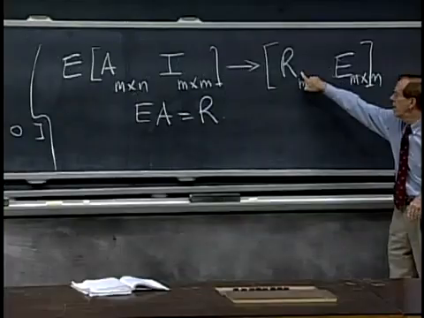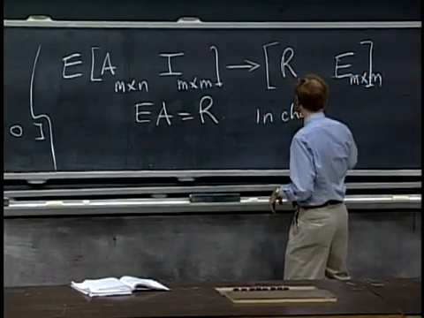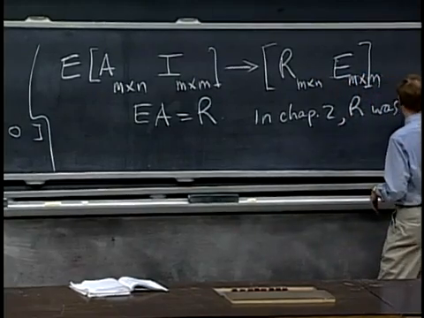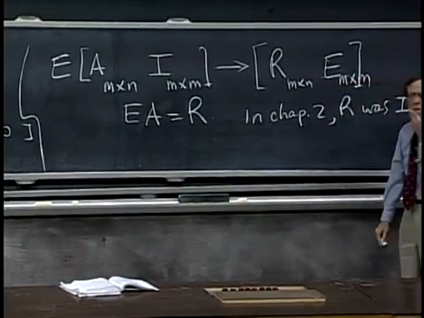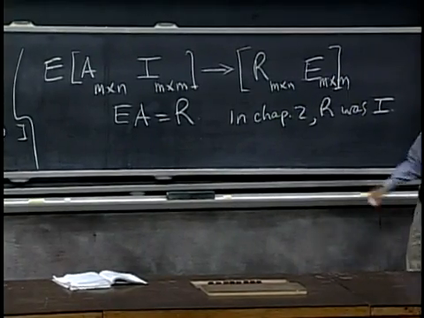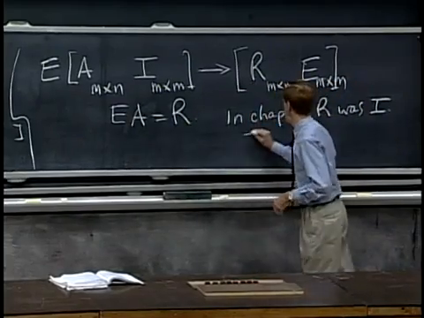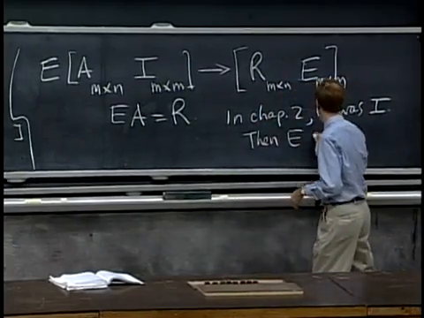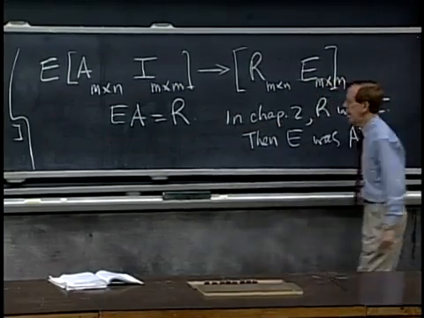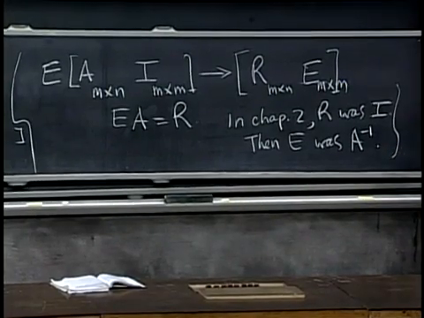It was I. So in Chapter 2, R was I. The reduced row echelon form of a nice invertible square matrix is the identity. So if R was I, in that case, then E was A inverse, because EA is I. Good. That was good and easy.